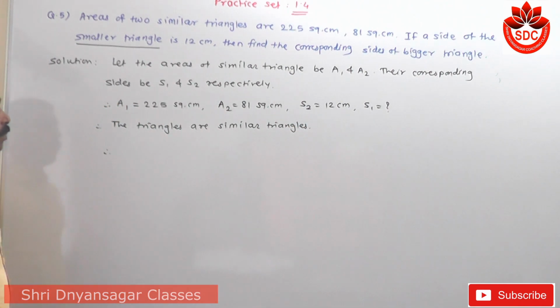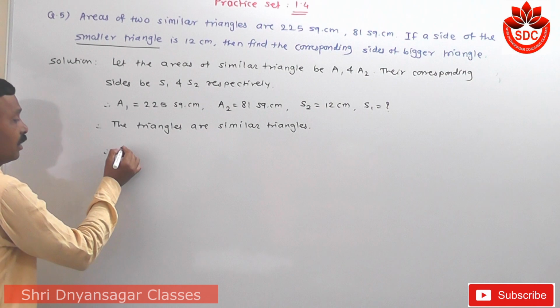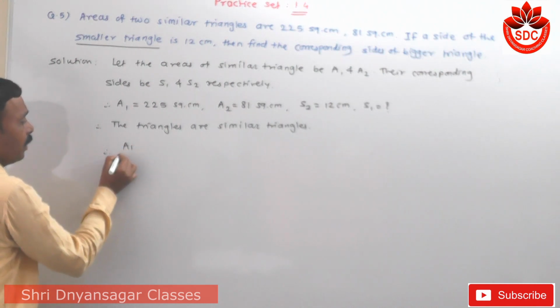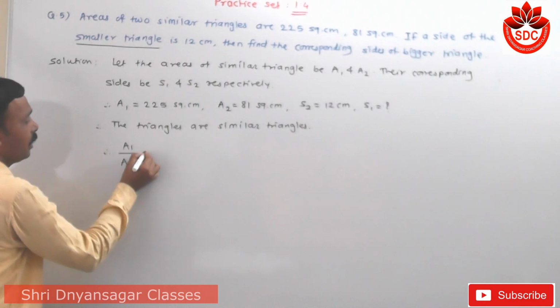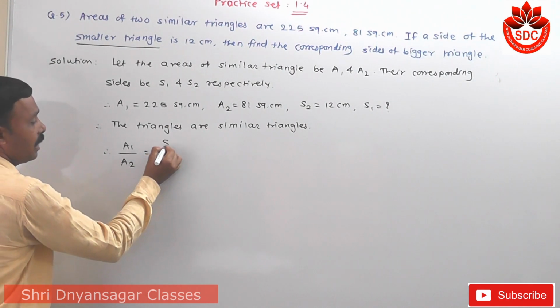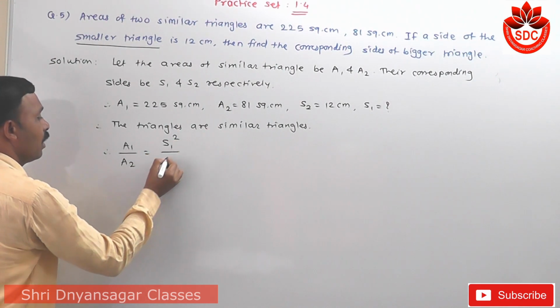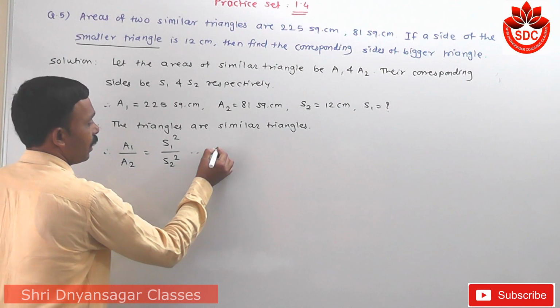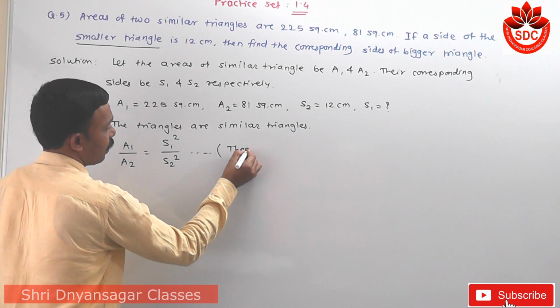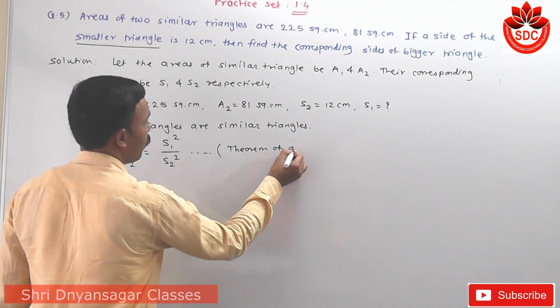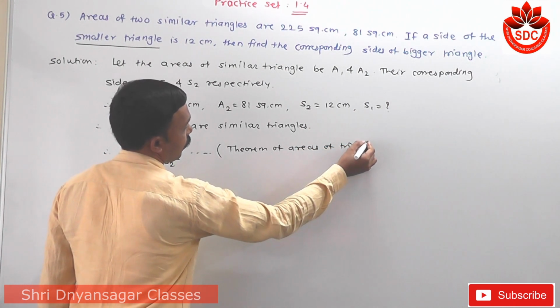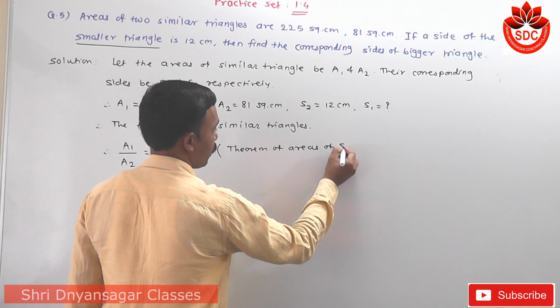Therefore, by using the theorem of areas of similar triangles, A1 upon A2 is equal to the square of the corresponding sides, that is S1 square upon S2 square. This is the reason we take by using the theorem of areas of similar triangles.